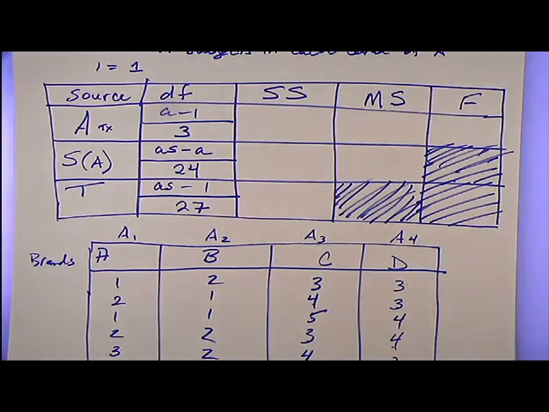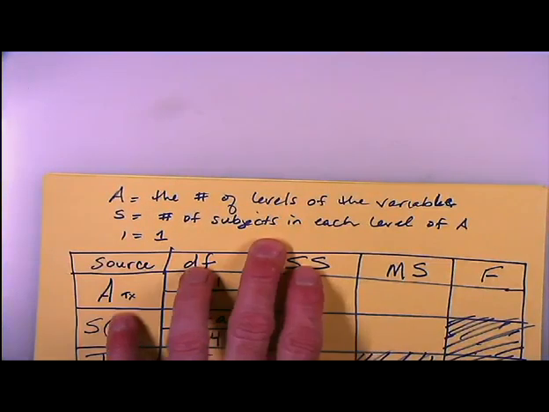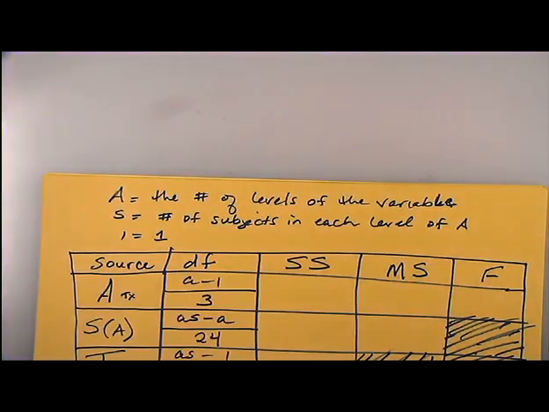What is the T? Total. What is the S then? The SA, above the T. S is the number of subjects in each level of A. How many subjects are in each level of A?